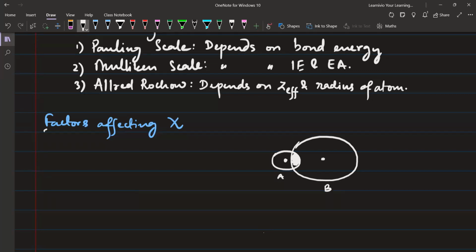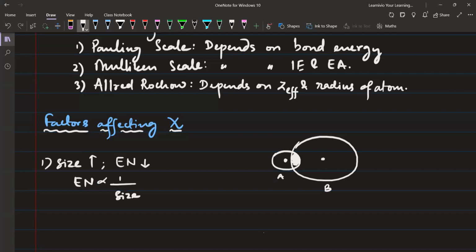Atom A, right? Because of the small size. First factor is size. Size increases, electronegativity decreases. Electronegativity is inversely proportional to size.